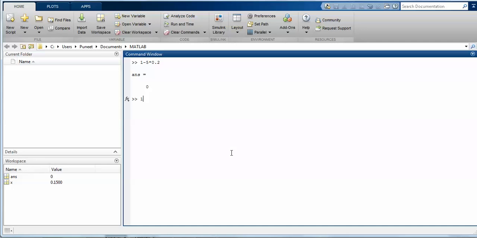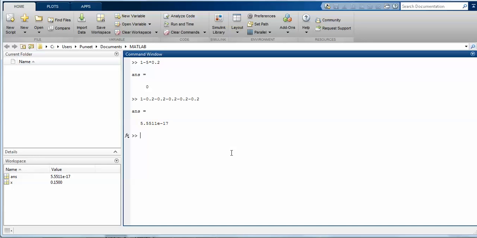But what happens if you do the same thing like this? As I told you earlier, MATLAB will do the calculation from left to right, and when you enter it, it will give you this. The same thing I have written in another way, but the solution has an error.